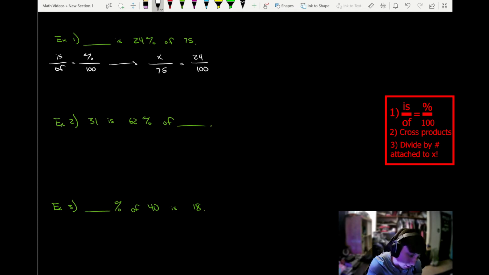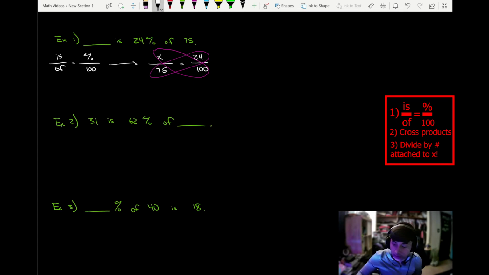Okay. And then we do this thing called taking the cross product, where we multiply the numbers across from each other, like they kind of make an X, right? So we're going to multiply 75 and 24 and 100 times X and then write them out.